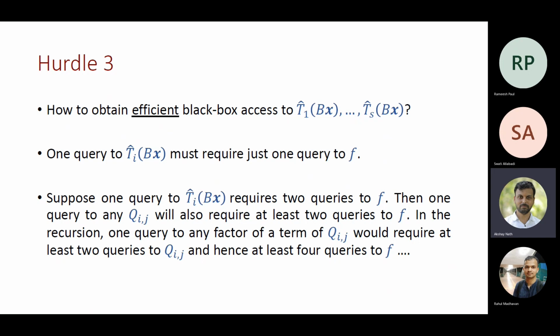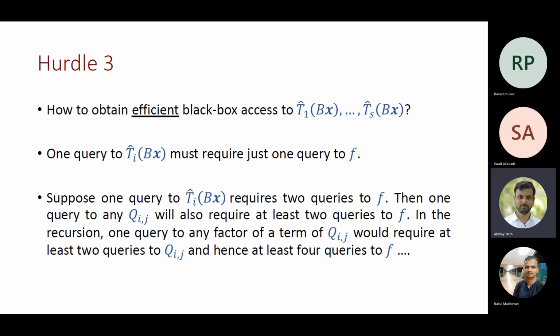So the factor is Qij. Now that Qij would be our new F. And when we perform ET on that recursively, what would we do? We would find black box access to its terms, then find a factor of its term and want black box access to that factor. But in the recursion, one query to any factor of any term of Qij would require at least two queries to Qij, therefore at least four queries to F, right?